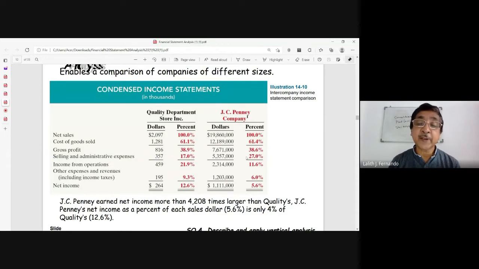You all can answer that. You look at JC Penney, there you see 27% of net sales as their selling and administrative expenses, whereas the Quality Department Store's selling and administrative expenses are only 17% of net sales. Then what is this discrepancy? You have to just give comments on that.